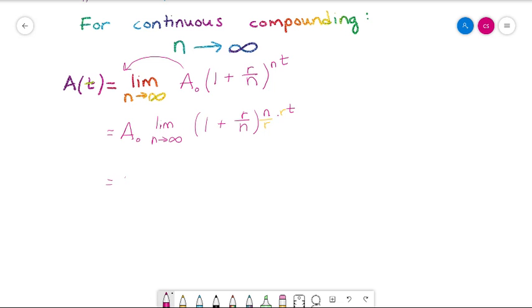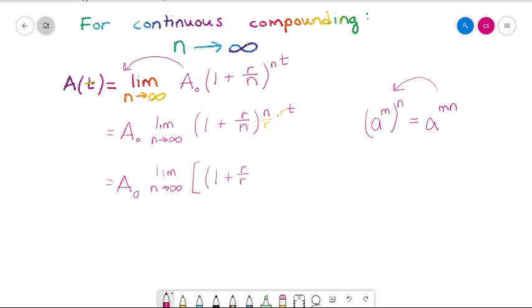So here, I'll write it out right here. So here's the rule we're using, but we're going backwards. If we're raising an exponent to an exponent, we're just multiplying the exponents. So we're going that direction. Okay, and then raise that to the exponent RT. Okay, so that's that step right there.